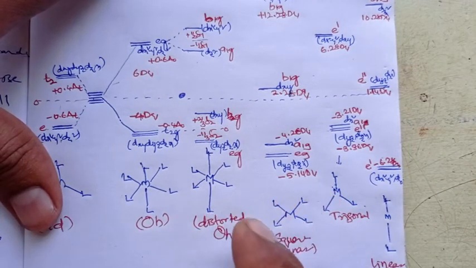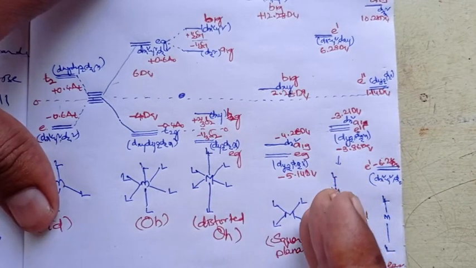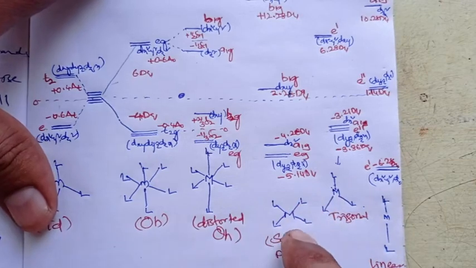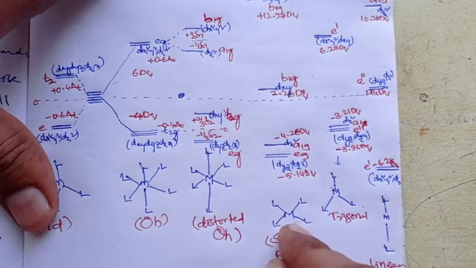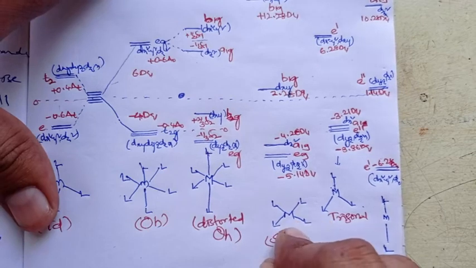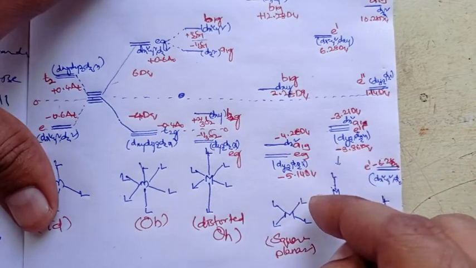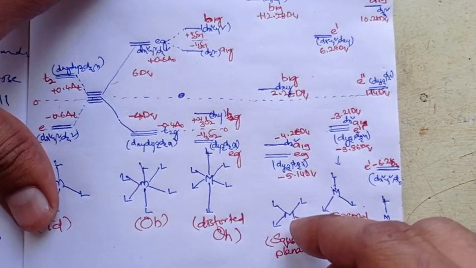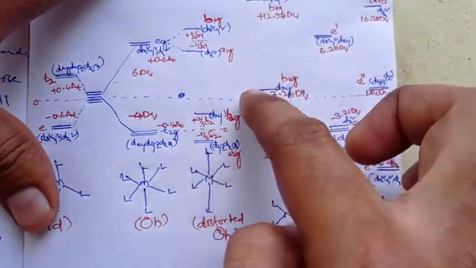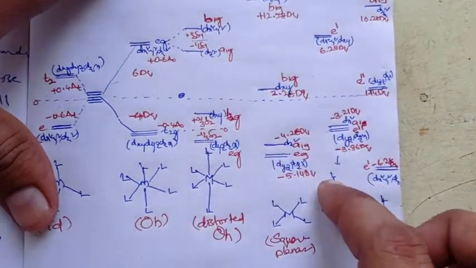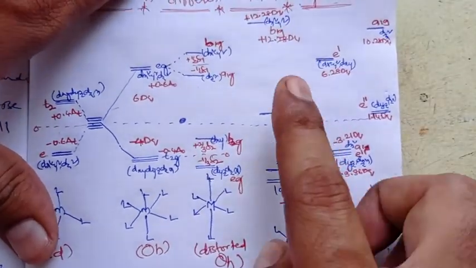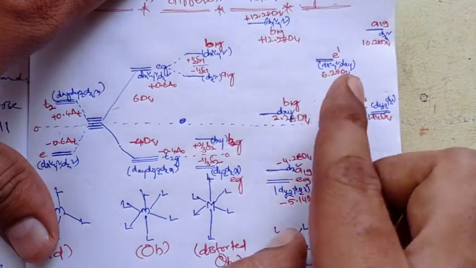Extending this splitting pattern to square planar complexes: a square planar complex is a four-coordinate complex, with four newly generated energy states from ligand interaction with the metal valence d orbitals.